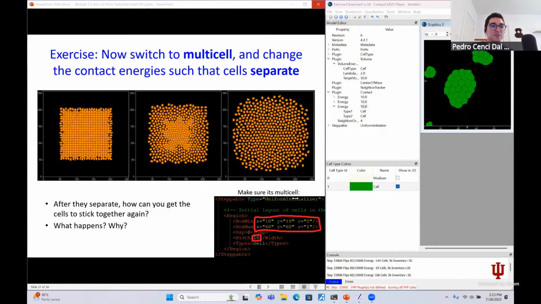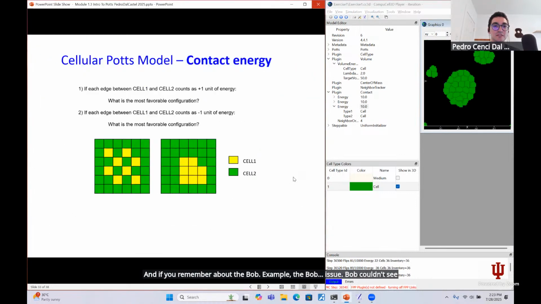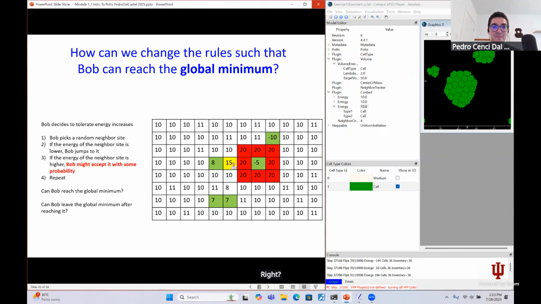And if you remember the Bob example, the Bob issue: Bob couldn't see the minimum, right? Here, Bob can't see the -5 pixel. It can only see the 20. So without a probabilistic jump, there is no way Bob can go to the -5.